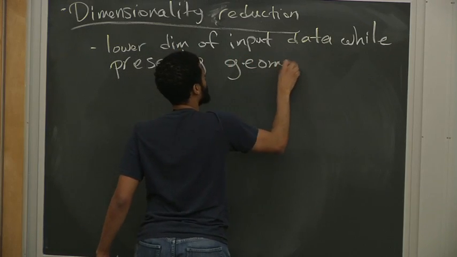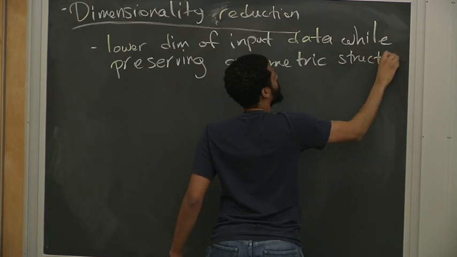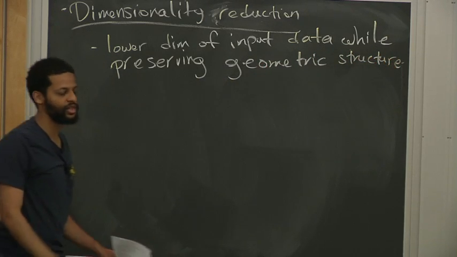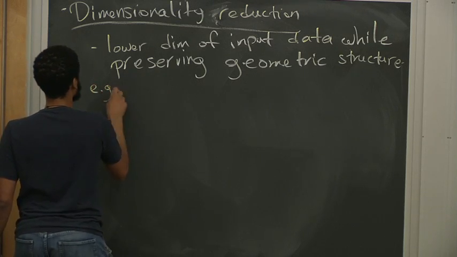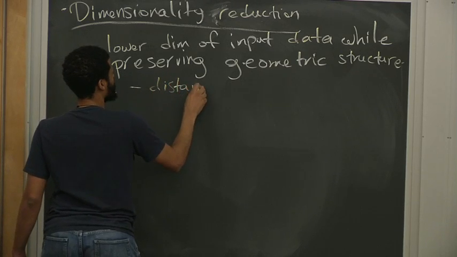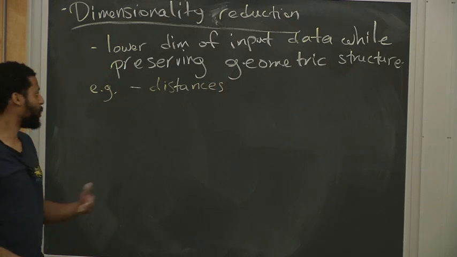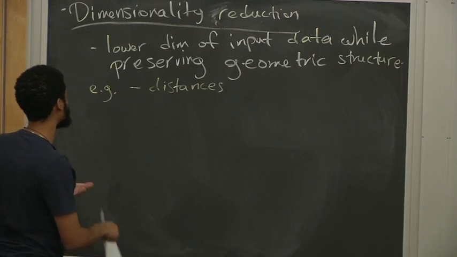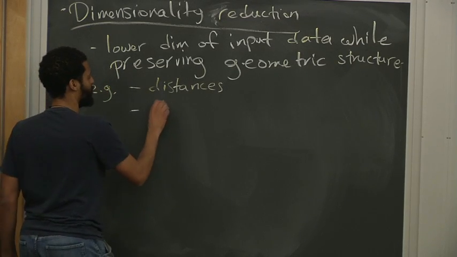Okay, so geometric structure, what does that mean? Distances between different points. So you have to fix your metric, but you want to map down to lower dimensional while preserving distances, or maybe you want to preserve angles.